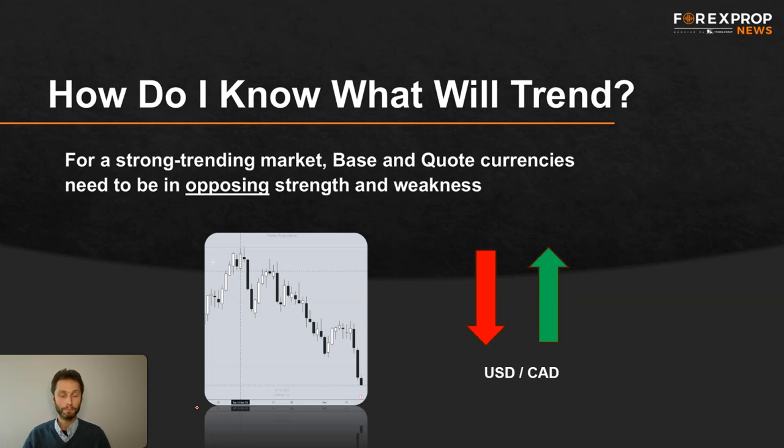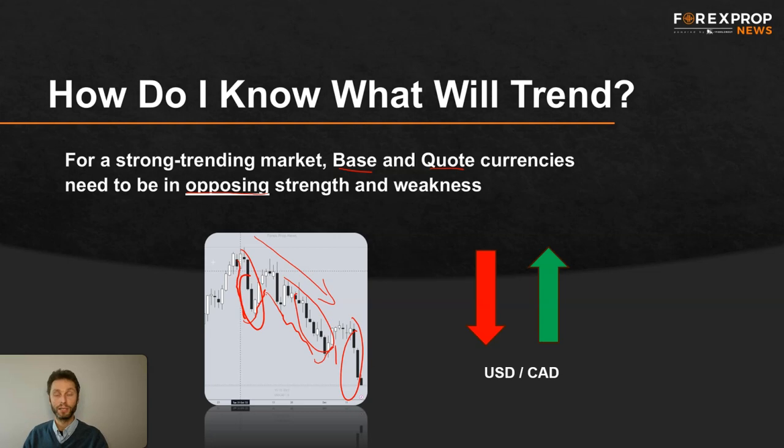To do that, you will need to have opposing strength and weakness. For a strong trending market, you need the base and the quote currencies to be in opposing strength and weakness. Here we've got the dollar CAD chart, and as you can see, we've got a strong trend, with the market making a retracement and then coming down again, making a very brief retracement, and heavily trending downwards.